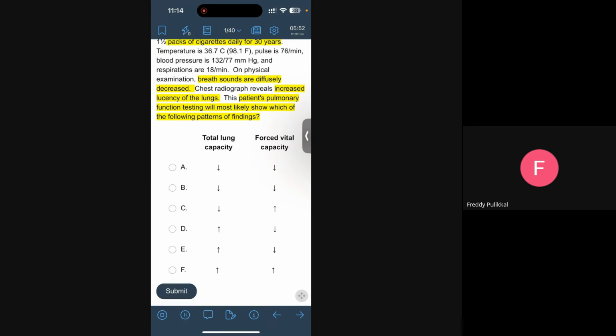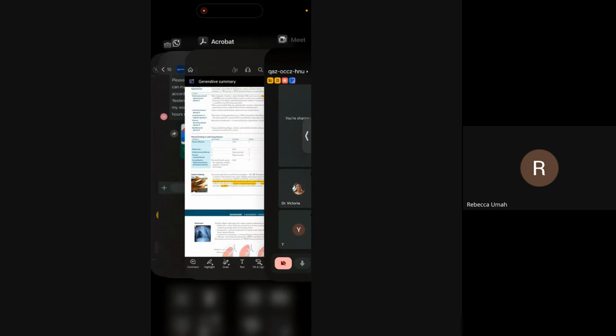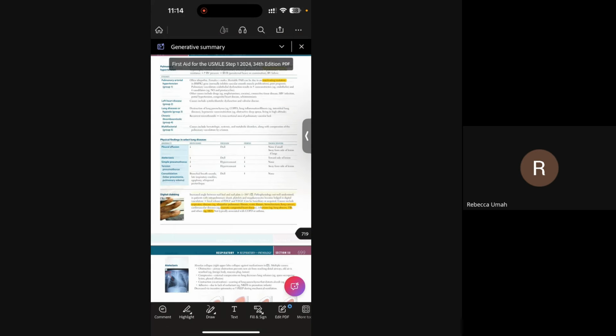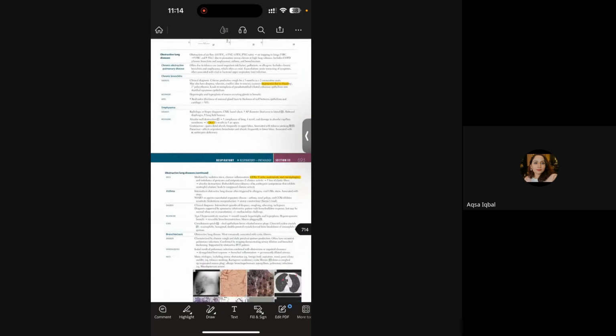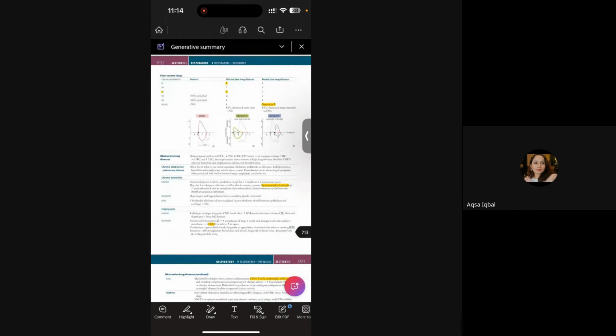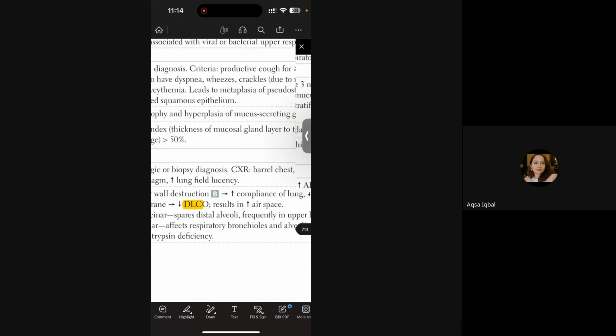COPD is an obstructive lung disease, right? Yes, COPD is an obstructive lung disease. Increased lung field lucency occurs because of the decreased tissue density of the lungs.